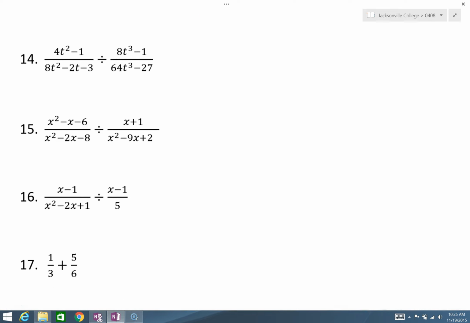All right, number 14. First we see we have this division. We will change, invert and multiply, leaving my first fraction the same. 4, I'm going to change that t to an x so we don't get confused with t's and pluses. 4x squared minus 1 over 8x squared minus 2x minus 3.